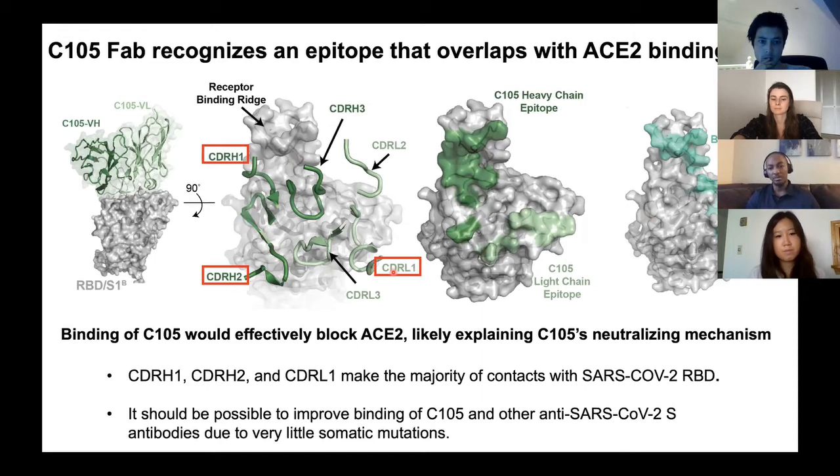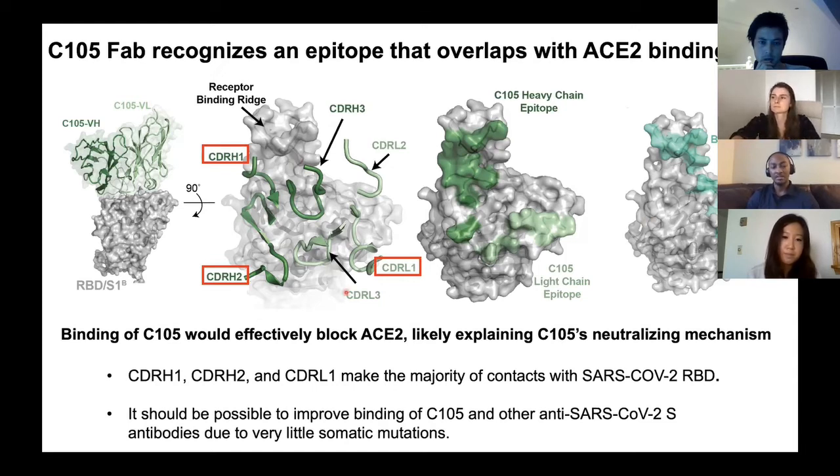And another thing to point out with these antibodies, which is very uncommon when you think about antibodies in the context of infection, is that a lot of the SARS-CoV-2 antibodies have very few mutations. Typically you will have multiple mutations that are made to help increase the affinity of your antibodies to its particular pathogen.